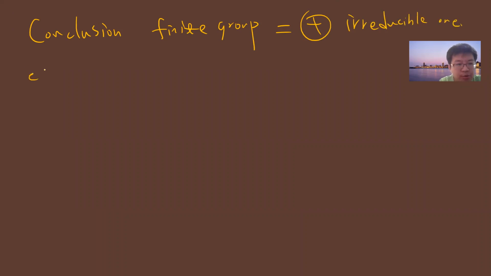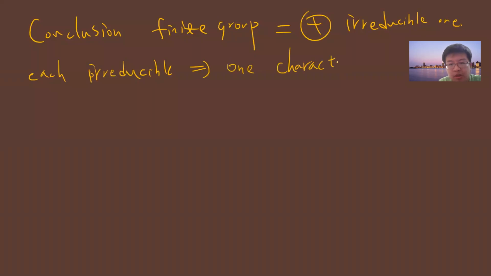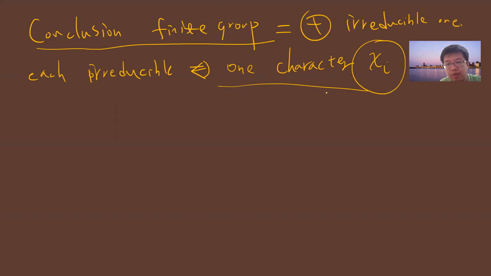And each irreducible one has an associated character. And we have proved that if the character is the same, that means the irreducible representation is the same. So all the problems of the complicated finite group representations finally become some class function called character.